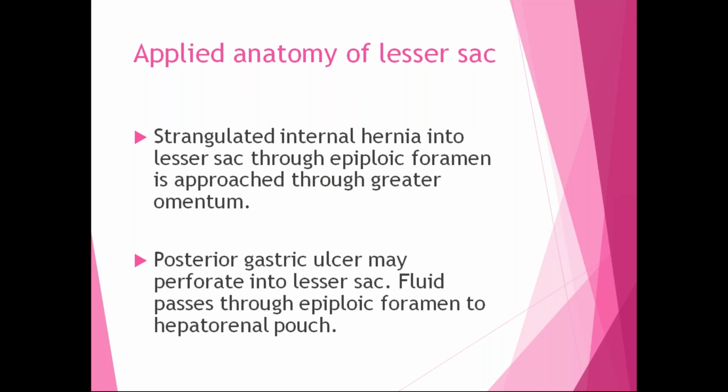If you approach through the epiploic foramen, there is a chance of injuring those structures. So the best approach is through the greater omentum. Posterior gastric ulcers sometimes perforate into the lesser sac, and from there, through the epiploic foramen, the fluid will accumulate in the hepatorenal pouch.